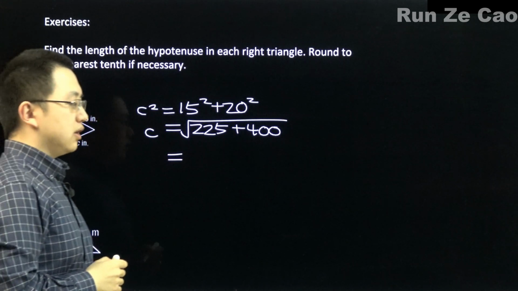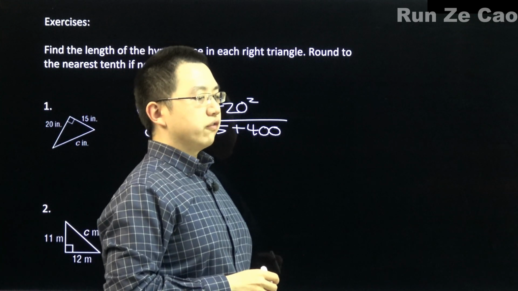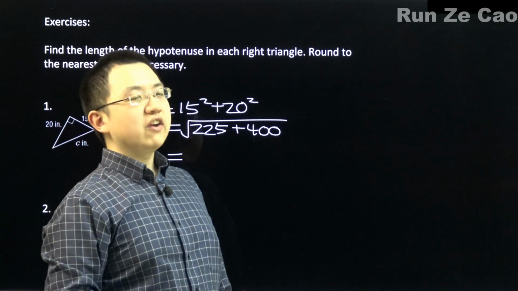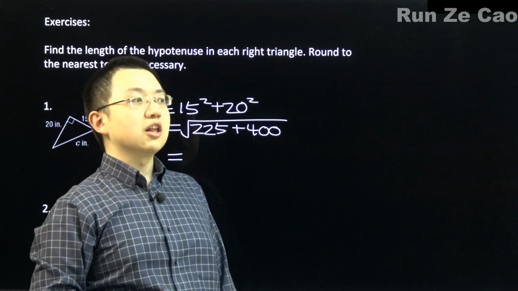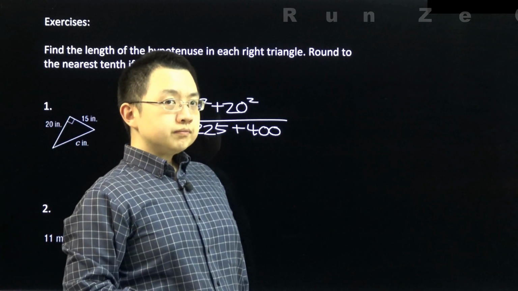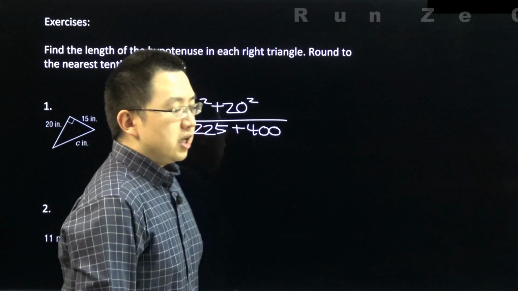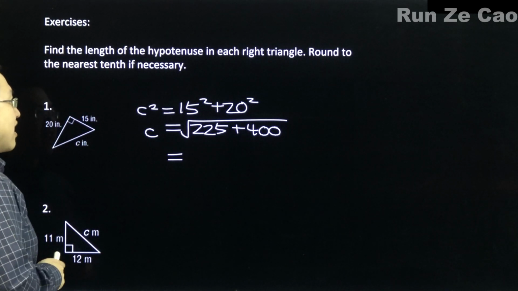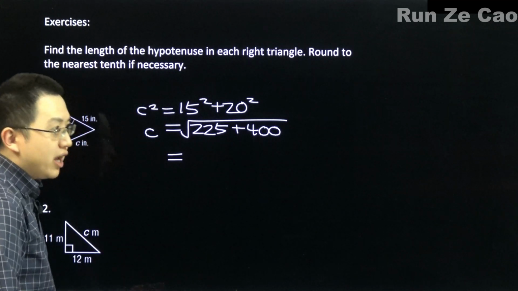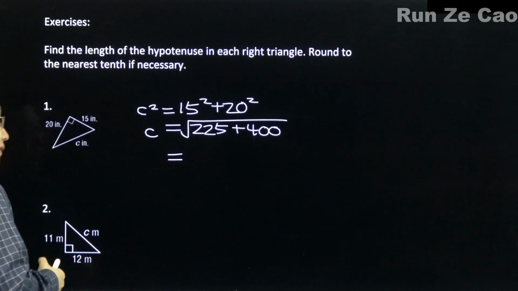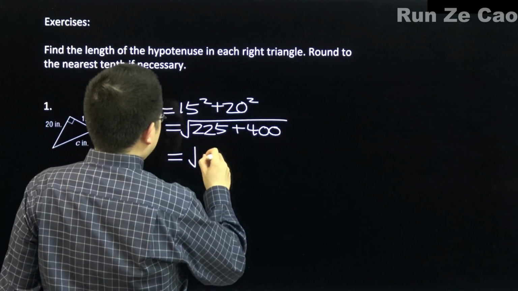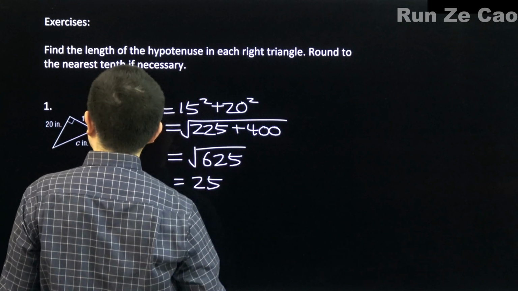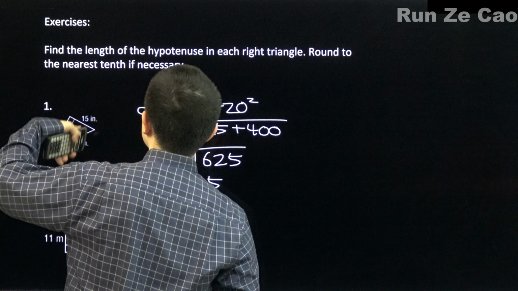For hopefully obvious reasons, we don't account for the fact that the square root can be negative, even in countries where the square root by default means plus minus square root. In North America, it just means positive, which is probably because having this side be negative 25 inches long is a little bit nonsensical. Okay, so square root of 625, which is, well, 25. Do we put units here? No, because it says c inches.